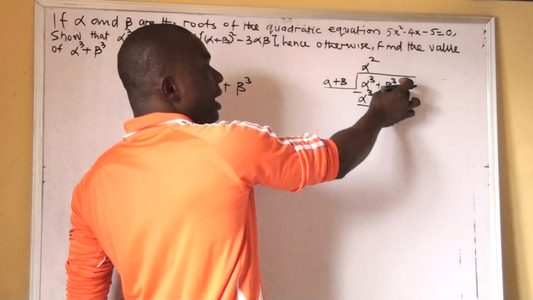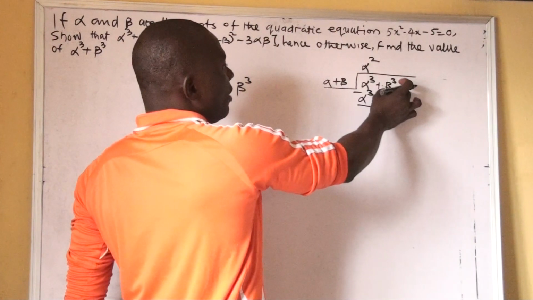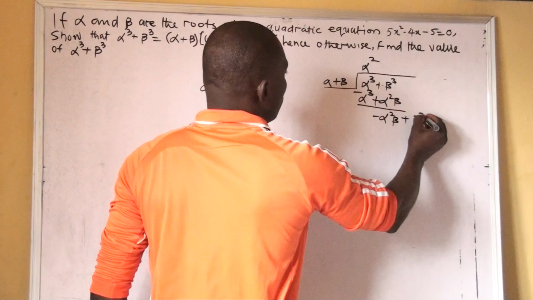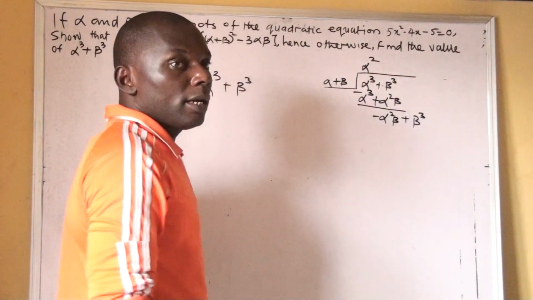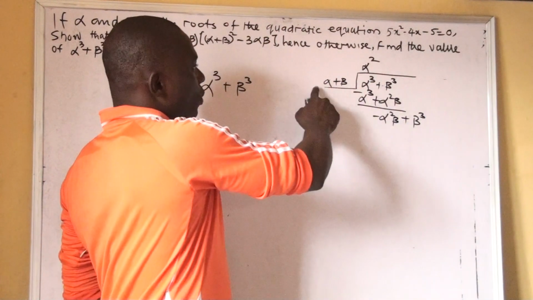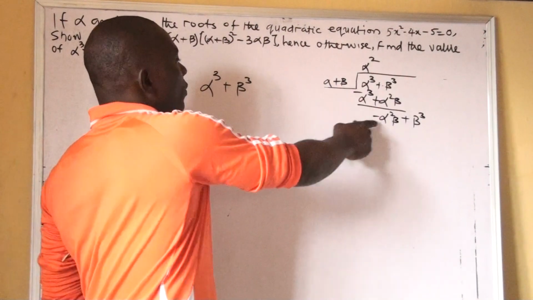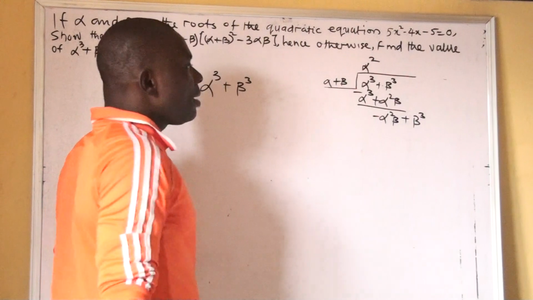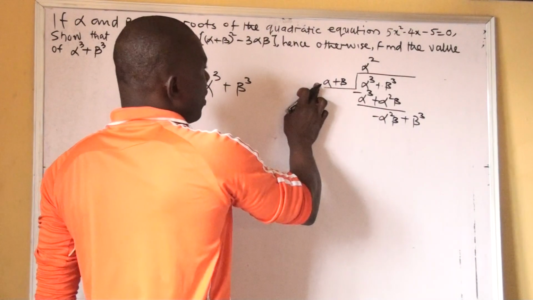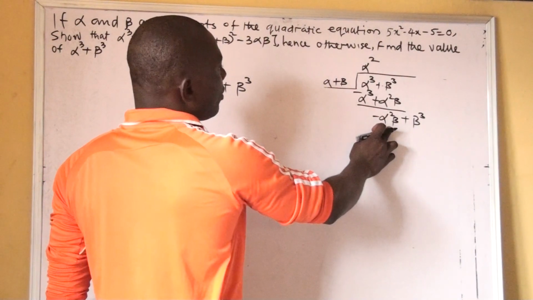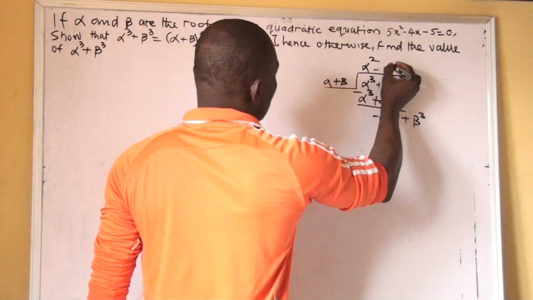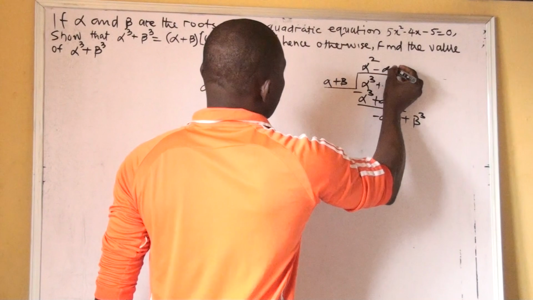So we bring the other dividend down, beta cube. So we come back again with the same process. We use alpha to divide minus alpha square beta, and that will give us minus alpha beta.